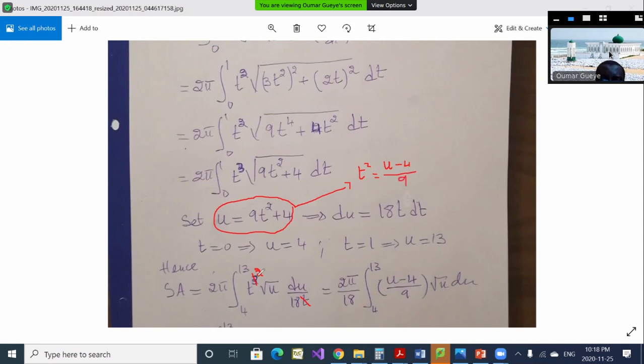And I replace t squared by its value. That's what I got here. And I took here the 18 out to get here 2 pi over 18.